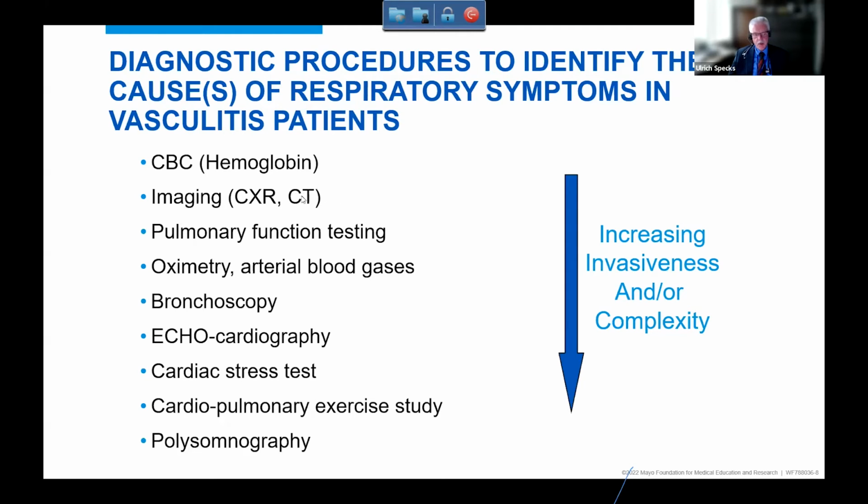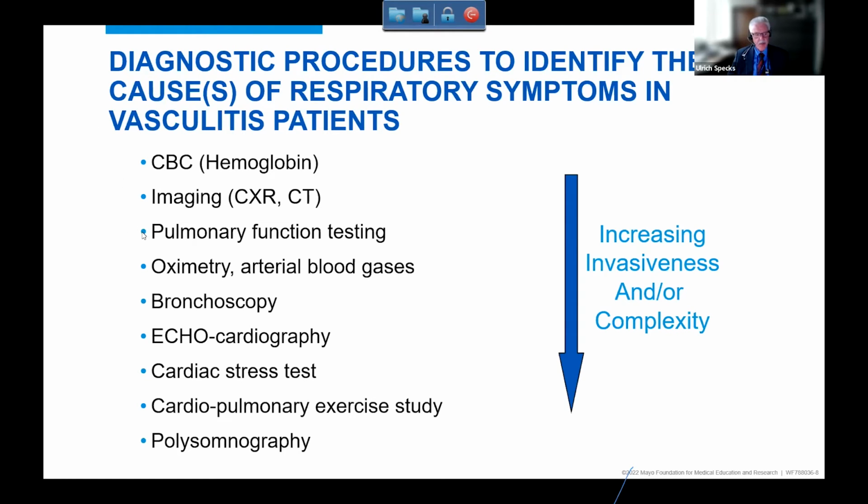And you'll see some more examples of chest CT scans, which give us more detail of the lung tissues and which will show us lesions or abnormalities that we often call spots or nodules. And if they're bigger, we talk about masses. And if they have a hole in them, we call them cavities. So I show you examples of that. And you had some questions submitted about what these lesions are.